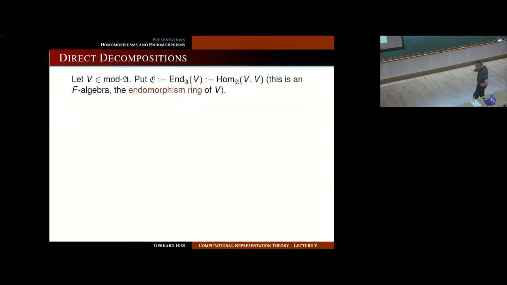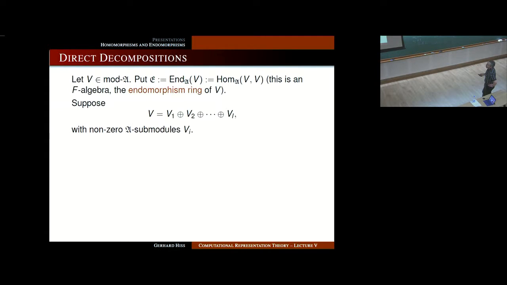Okay. Now let's apply this to find direct decompositions of modules. Let's take V to be a finitely generated module. Let E be its endomorphism algebra, so Hom(V,V). So this is an F-algebra. For the time being, I write the endomorphisms of V to the left.